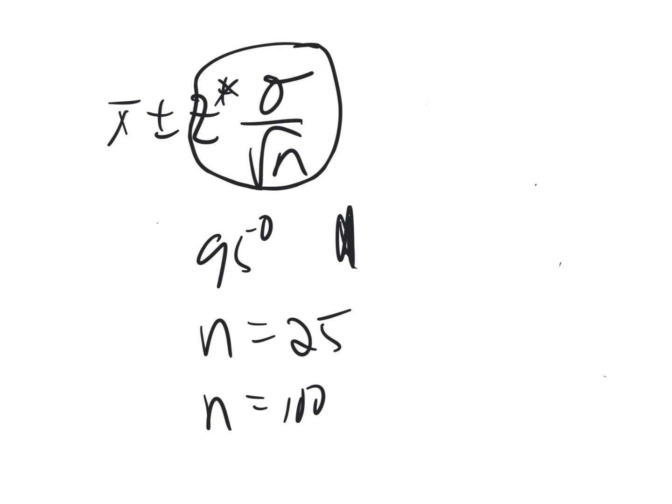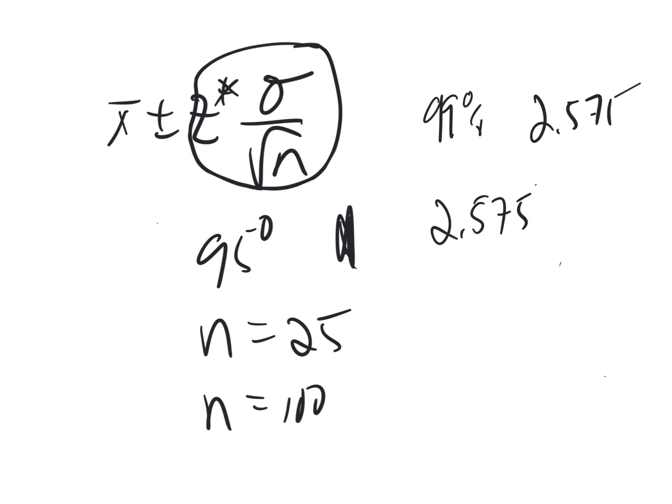So if I want to make my level of confidence higher, what if I go to a 99% level of confidence? I think the z-score from the table for that one is 2.575. With a sample size of 100, we're going to do 1, because that's my standard deviation I made up, over 100.